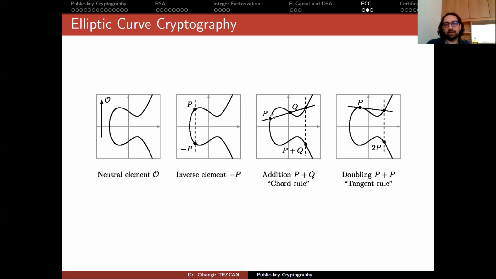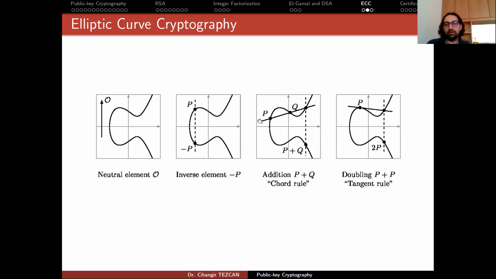Assume that this is our elliptic curve and we have 2 points on this curve, P and Q. The addition operation is defined like this. You want to add the point P to Q. What you do is draw the line that passes between P and Q. There is only one line that can pass between two different points.